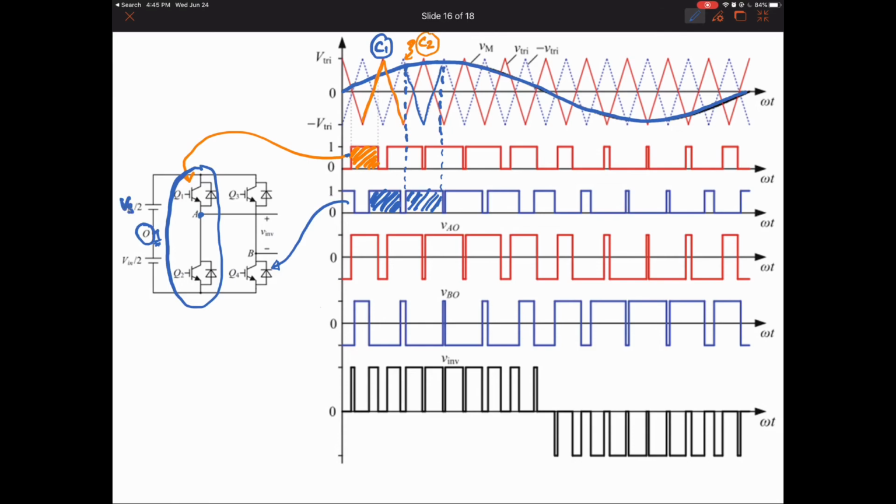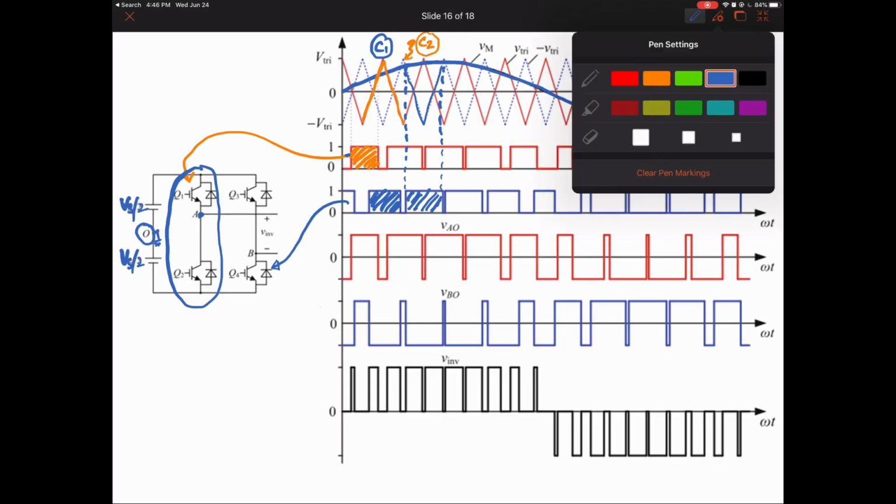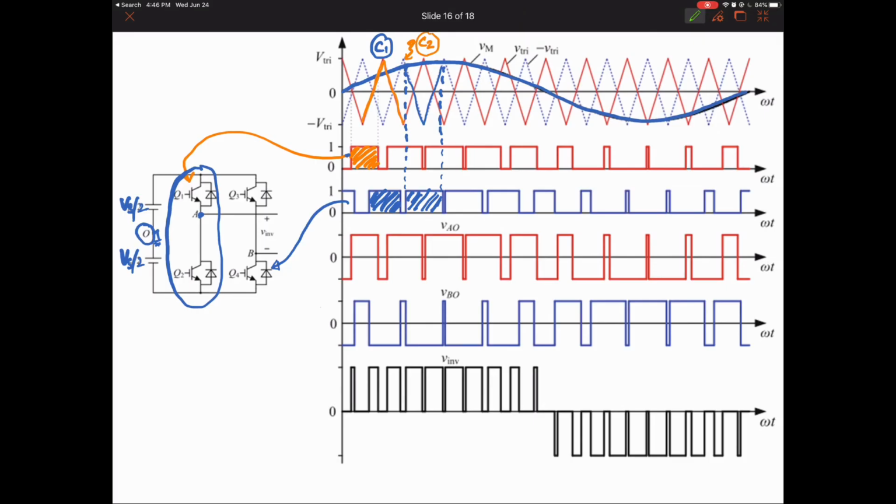Let's suppose this is Vs by 2 over here and this is Vs by 2, and the total supply voltage is Vs. So O is the fictitious center point of the source. So our pole voltage will be equal to plus Vs by 2 and minus Vs by 2. So whenever we turn on switch Q1, plus Vs by 2, and when the switch Q2 is turned on, minus Vs by 2, and they are operating in the complementary mode.